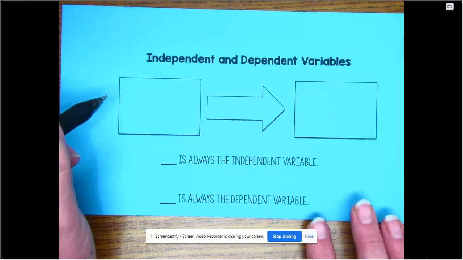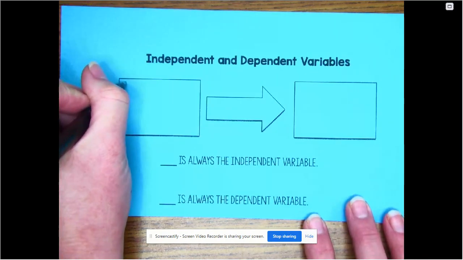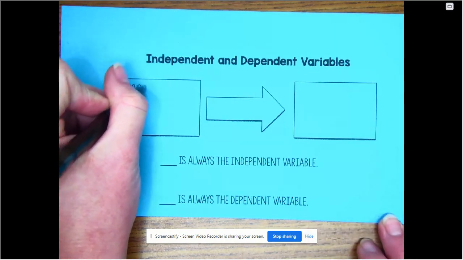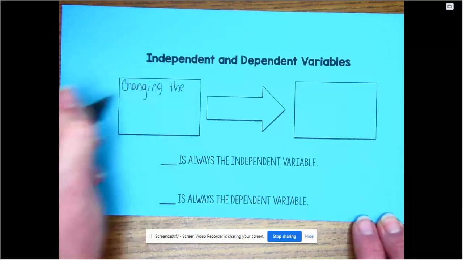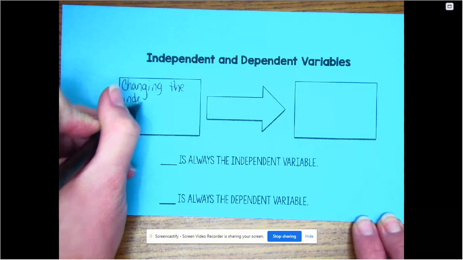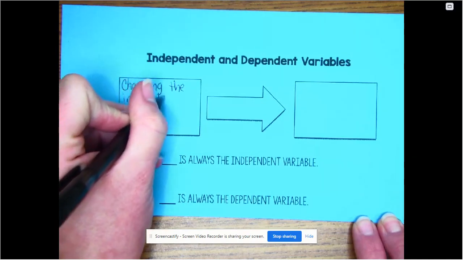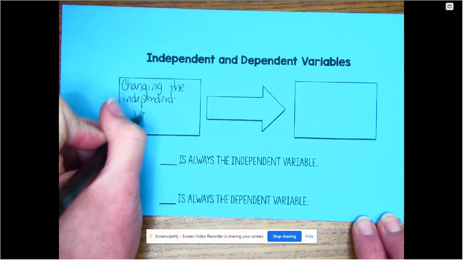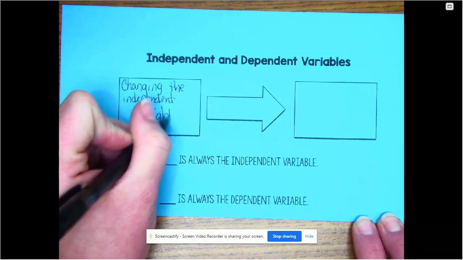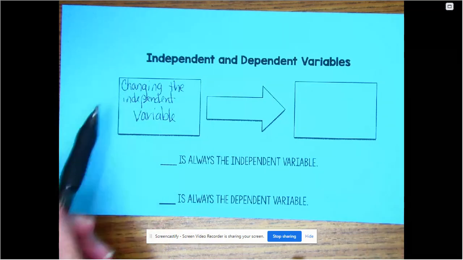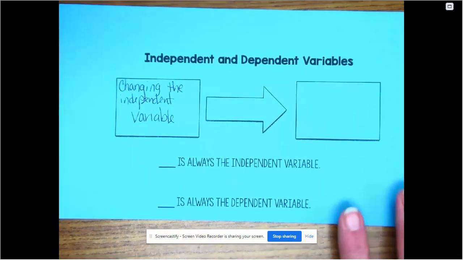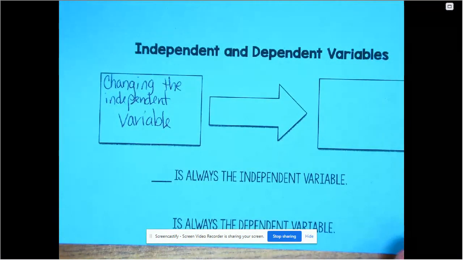First square on the left. Then, changing the independent variable. So first we're going to talk about how when you change that independent variable, and the independent variable is the variable that the scientist changes.